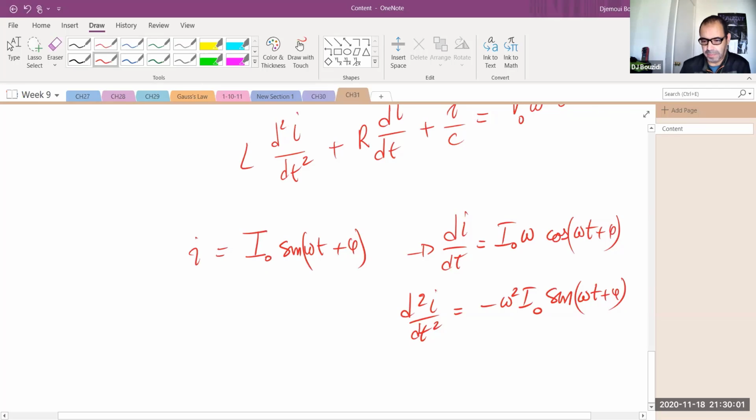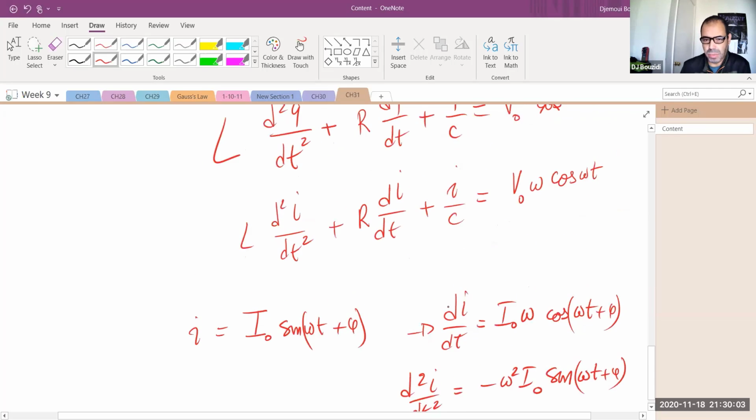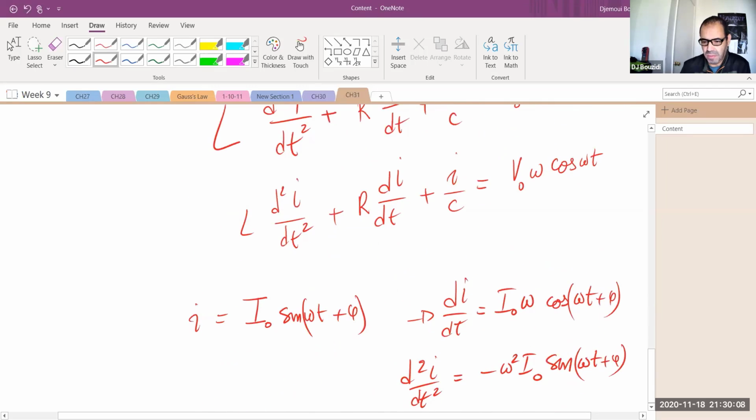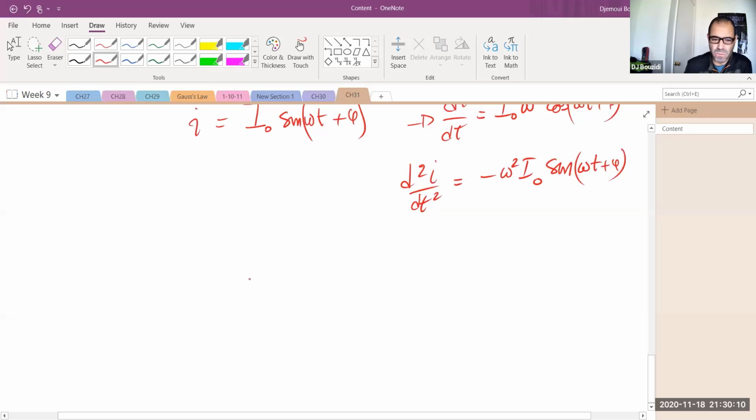Here is what's going on. The voltage across the resistor R is proportional to the current. So the voltage will have no phase shift as far as the current is concerned.